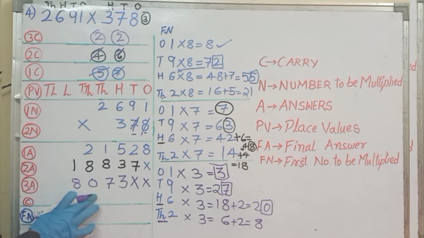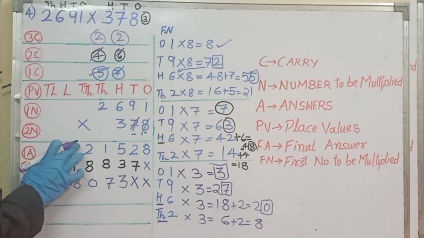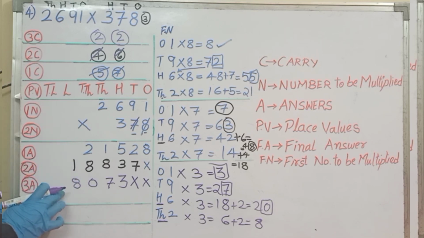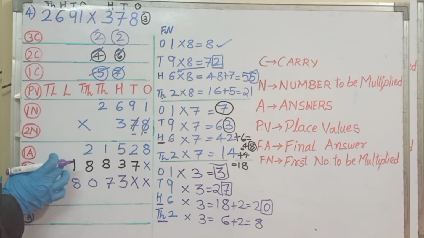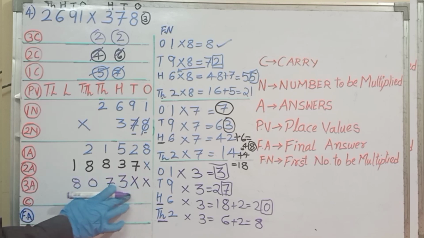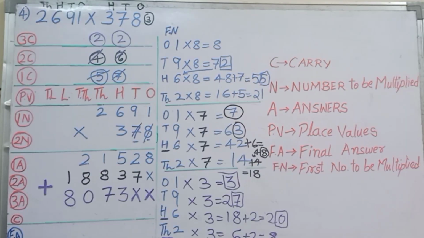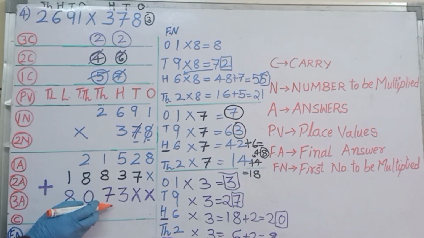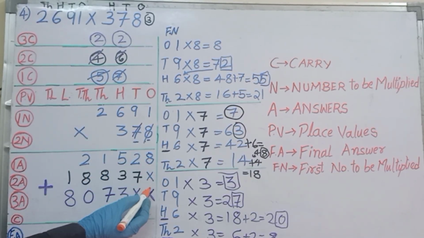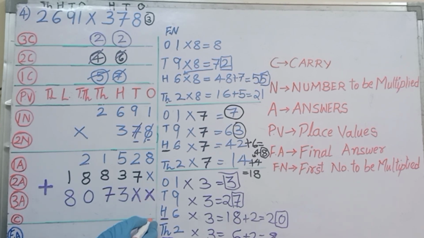Now I left space here. Why? We have to add these 3 numbers, so if we get a carry, we cannot write it anywhere. So I left some space here. Then we'll write the answers here. Now we have to add all these 3 numbers. So 8 plus nothing, that means 8. So in ones place I got 8.